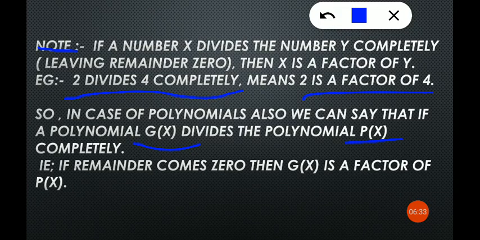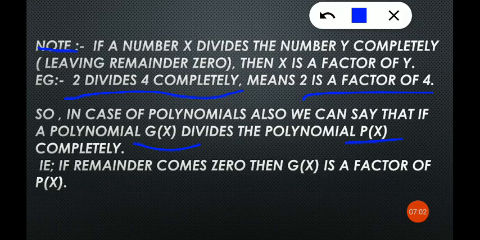Here smaller polynomial means a polynomial with less degree. A polynomial with high degree is the bigger polynomial, and a polynomial with less degree is the smaller polynomial. For example, a polynomial of degree 3 is higher than a polynomial of degree 0, 1 or 2.